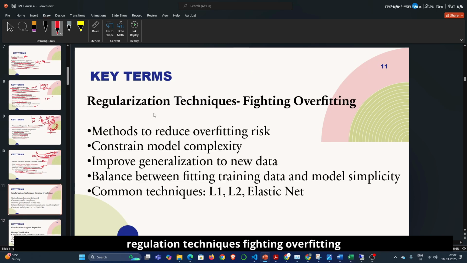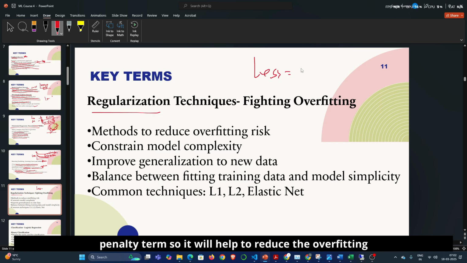Regularization techniques fight overfitting: methods to reduce overfitting risk, constrain model complexity, and improve generalization to new data. In the loss function, we introduce a new term, which is a regularization term, a penalty term.